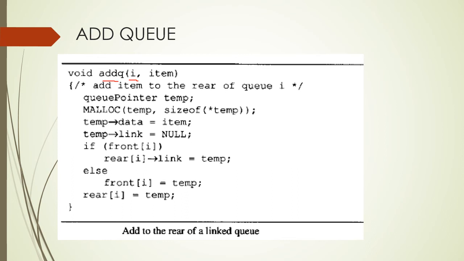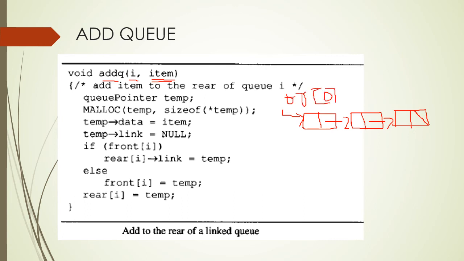You have to specify the queue number, which queue you wanted to insert into, and the element you wanted to insert into that particular queue. Let us assume that you already have two queues in the memory, each with three nodes. This is front of 0. Front of 0 is pointing to the front node of the 0th queue.